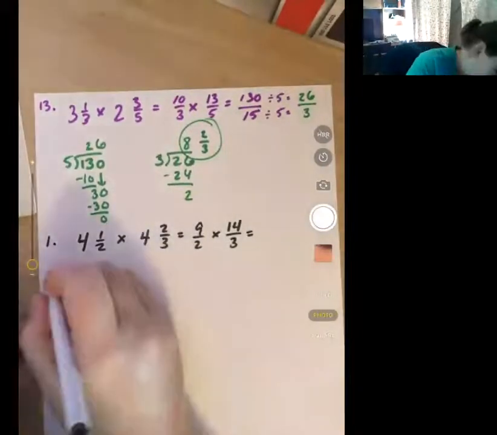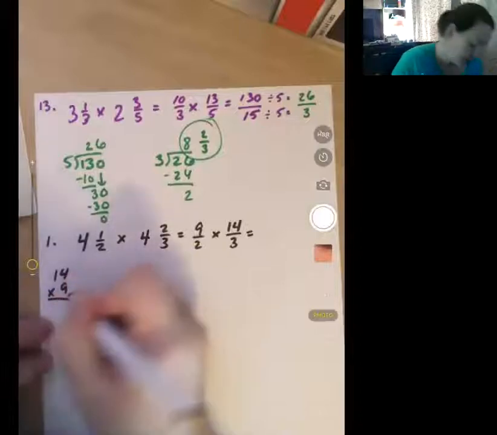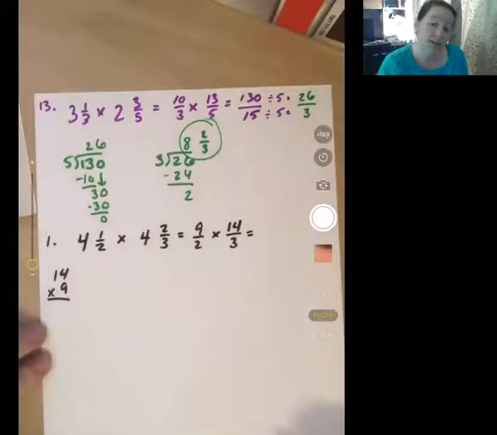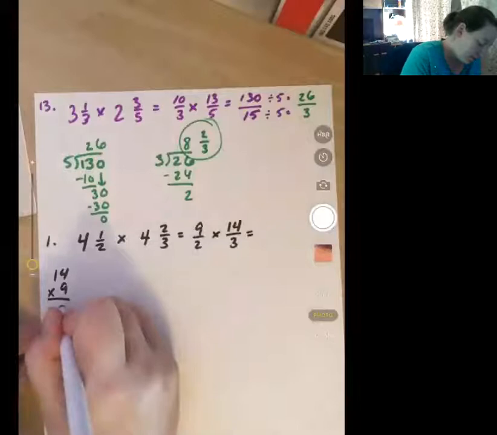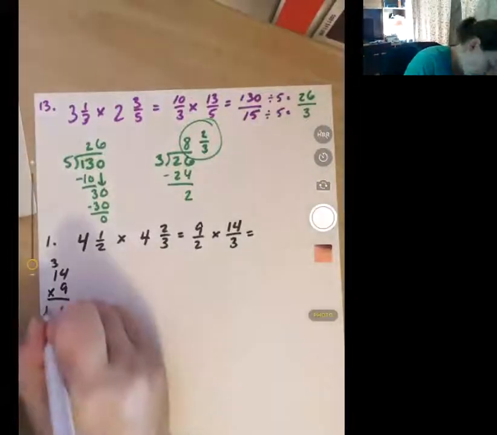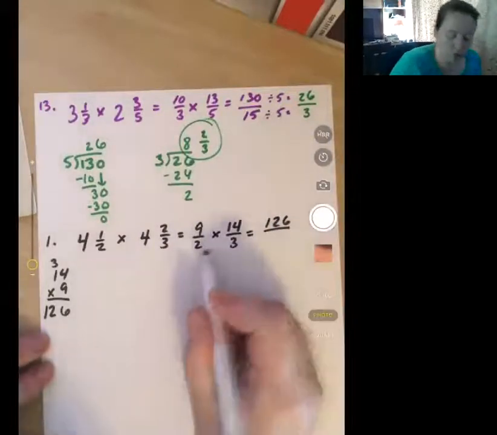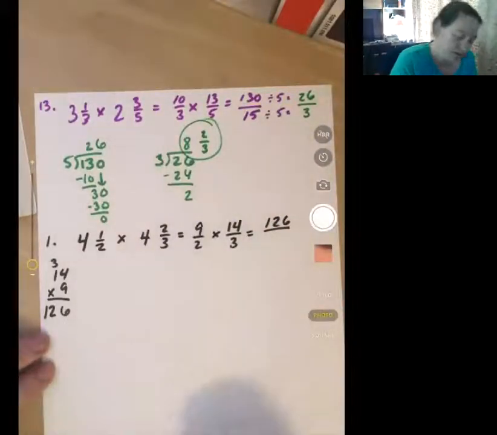So 14 times 9, 4 times 9 is 36. 9 times 1, is 9 plus 3, 12. So that is 126 over 2 times 3, 6.